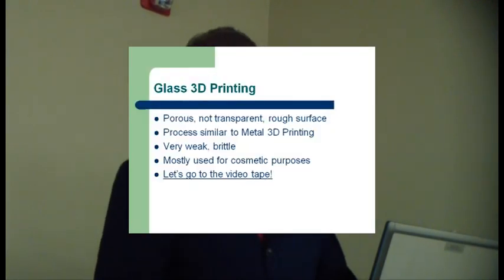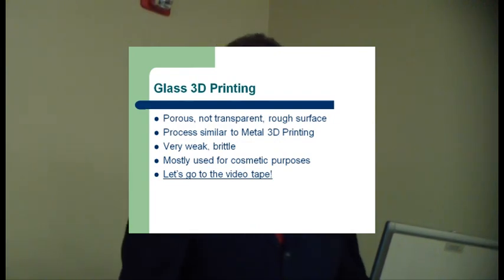There's also glass 3D printing available. Now, I was not able to acquire a sample of this, and it's actually pretty difficult to find places that'll do this. The only one I know of is, again, Shapeways. The material is porous, it's not transparent, the surface is pretty rough, so it's not like a pane of glass, it's not crystal or anything like that.